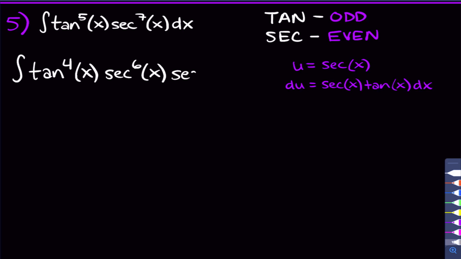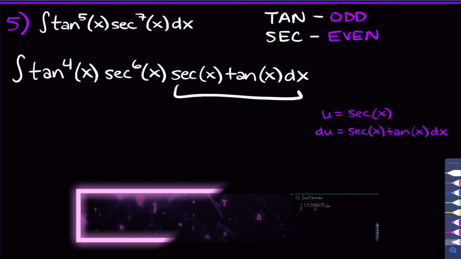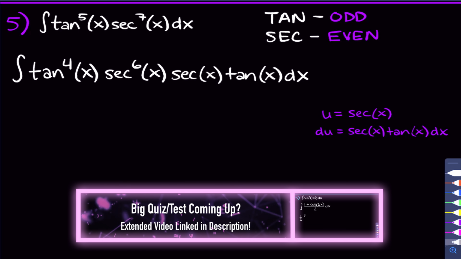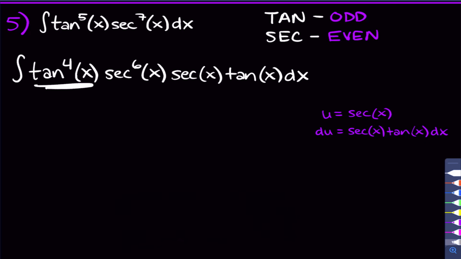So we have one secant and one tangent dx. Okay, so what do we do now? Well, we can see that this secant tangent will completely get covered by the du, right? That's why we put it there. And this secant to the sixth, that'll get covered with our u substitution. But this tangent to the fourth will not. And so we need to convert it to secants.